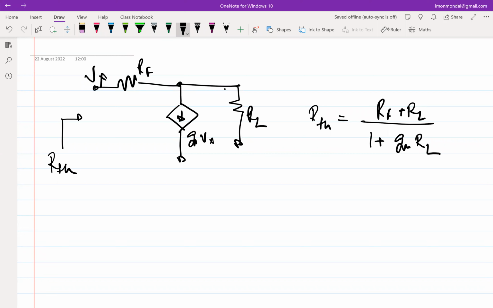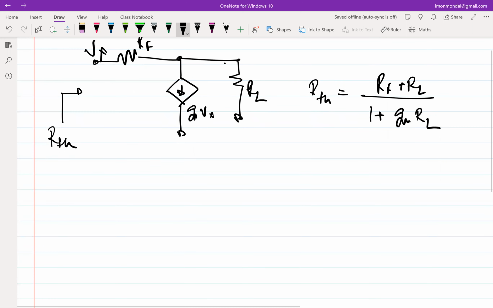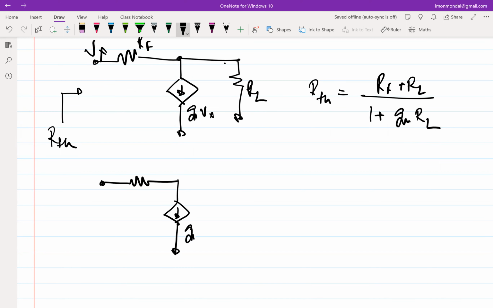So it makes sense, because if RL goes to 0, you should get RF, because it's basically a short circuit between Vx and Y. Okay, fine. So if you know this, then what will be this?